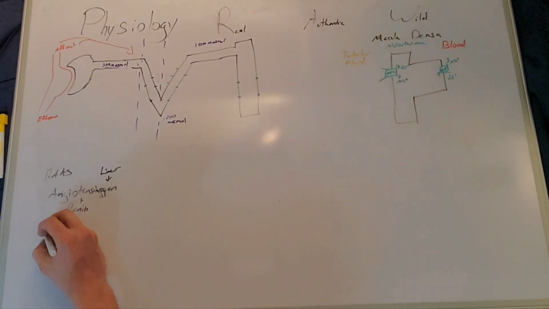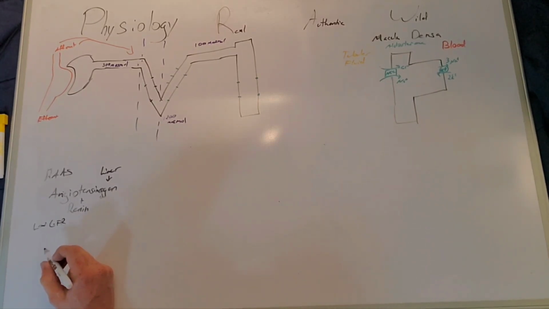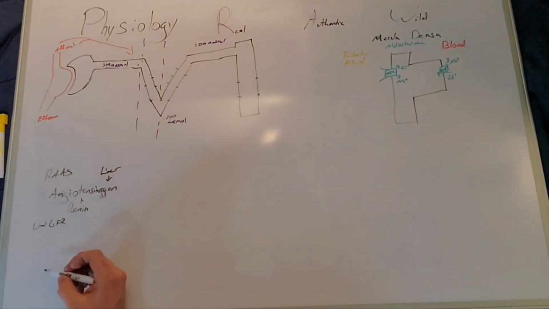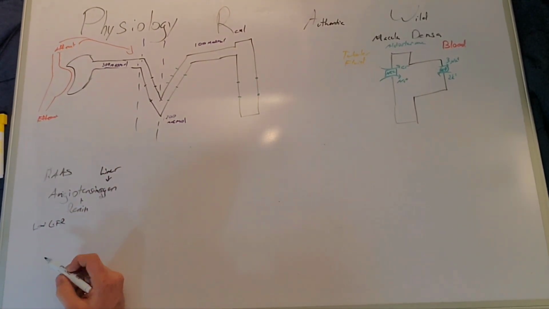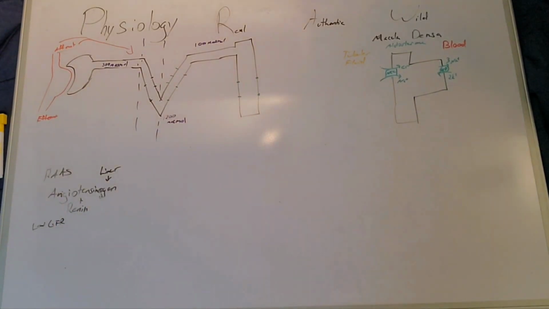And this is secreted when there's a low GFR. Remember, GFR is the glomerular filtration rate. So this could be low filtration sensed by the afferent arteriole, or a low blood pressure sensed by baroreceptors. And we'll talk about baroreceptors a little bit later.